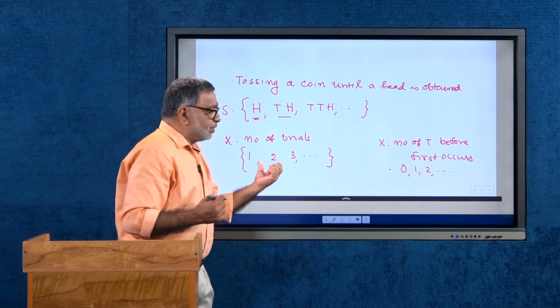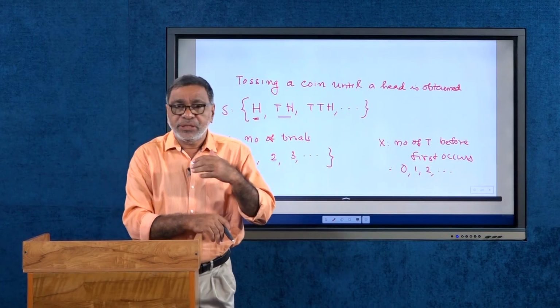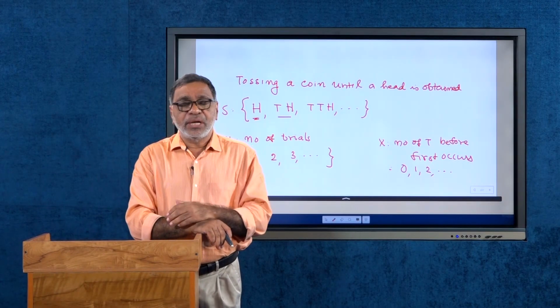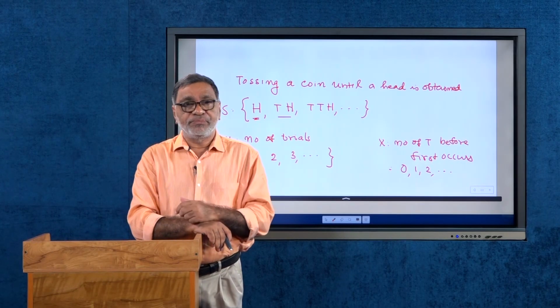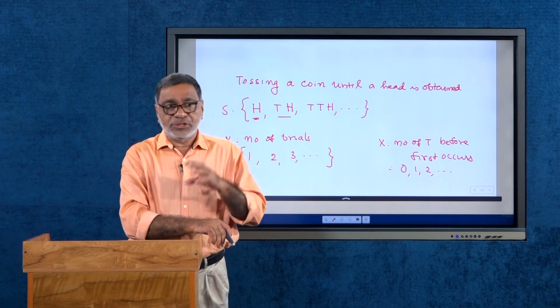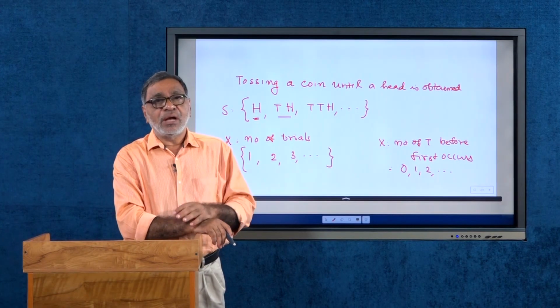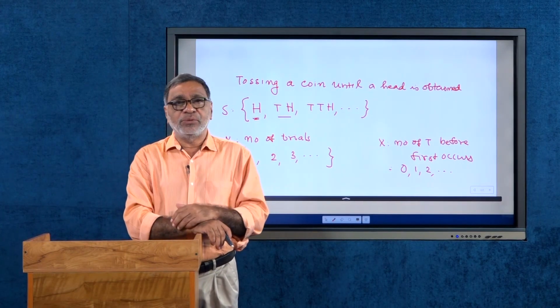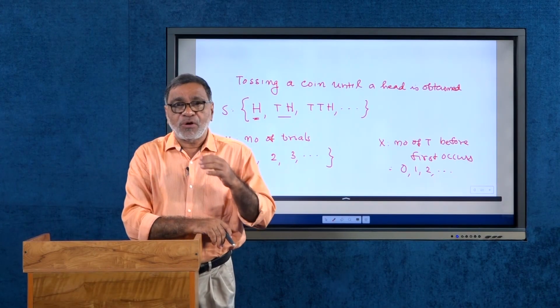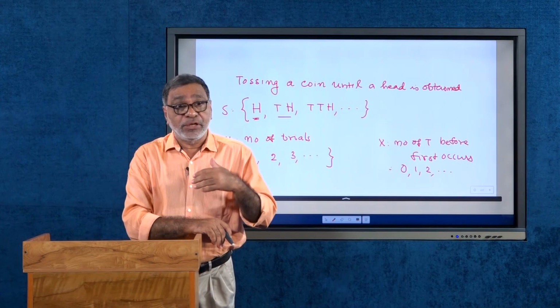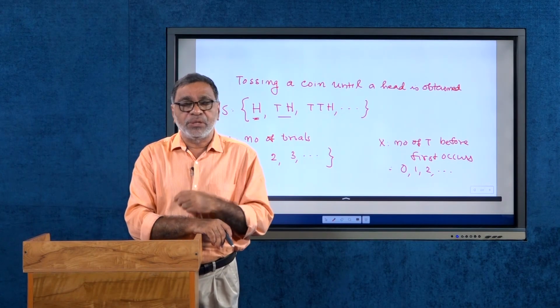You can see that this random variable x has an infinite number of values but countable. So the first example has a random variable with a finite number of values, and in the second example I am giving a random variable that has infinite number of values but countable.